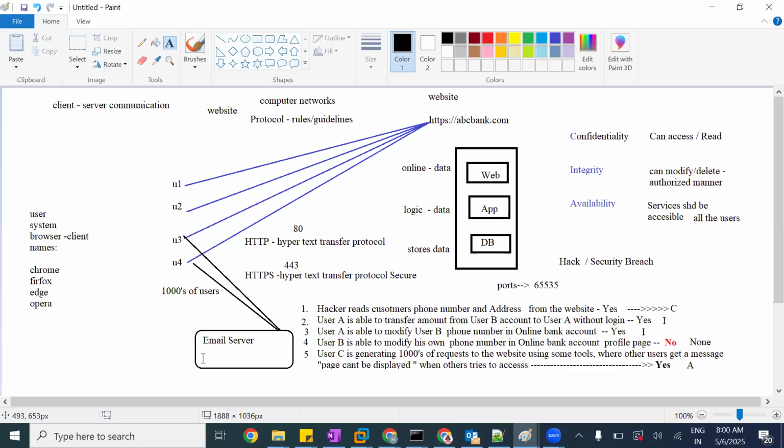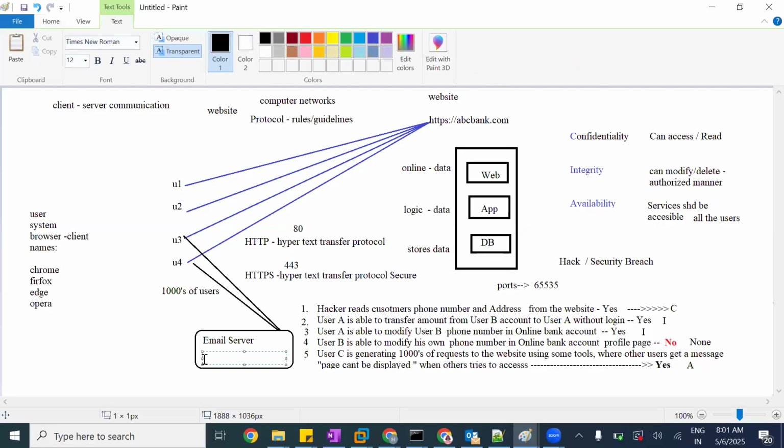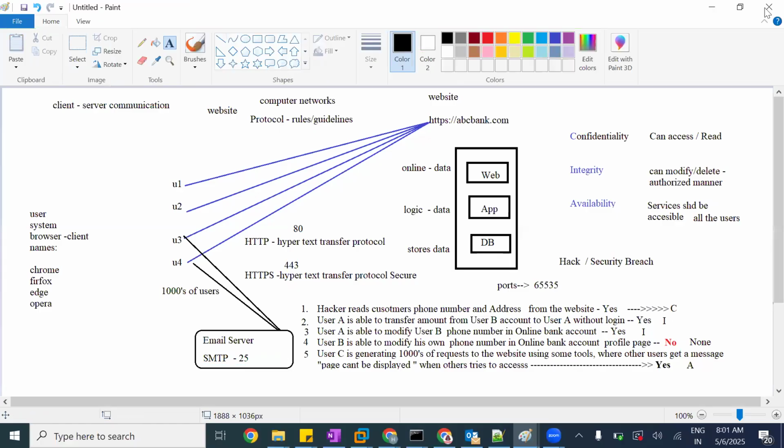It is SMTP, Simple Mail Transfer Protocol. What is the default port number for SMTP? 25. Remember these ports.